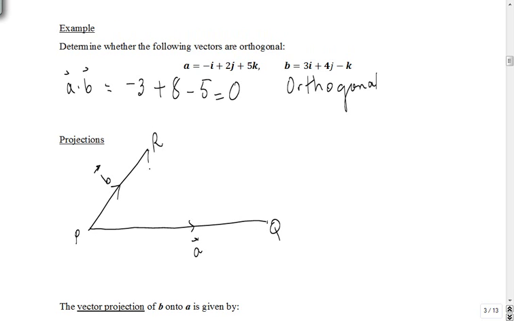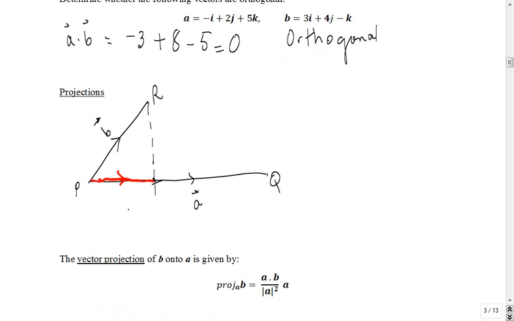So we drop a perpendicular here. Now let's call this point here T. This vector here, PT, is called a vector projection of B onto A. Be careful, that is a common mistake. It is not A onto B, it's B onto A. We projected B onto A.